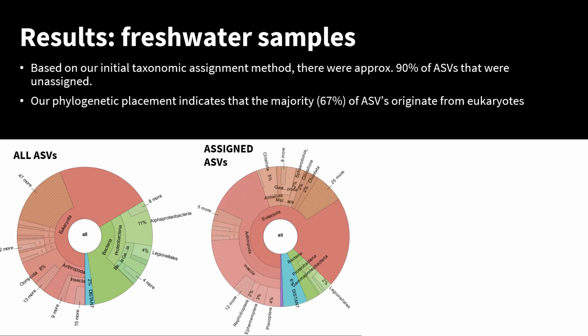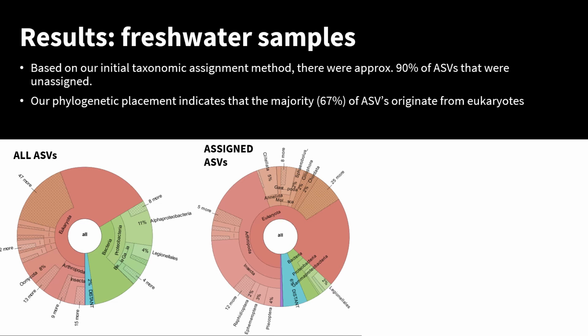In the second plot, we can take a closer look at the 10% of the ASVs that were assigned taxonomy in the freshwater dataset. And we can see that we still have some ASVs whose origins are not eukaryotic. And this brings up an interesting point regarding our original assignments for both the marine and the freshwater datasets. Why do we see these placements for ASVs that were assigned taxonomy to eukaryotic species?